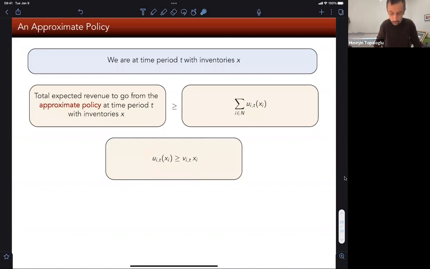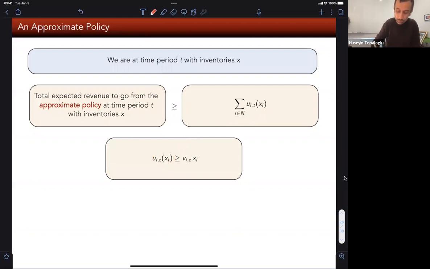One is that the total expected revenue collected by our approximate policy, starting from time period T with the inventories X, is at least as large as the valuation of those inventories according to our capacity-dependent bid prices. And the valuation according to our capacity-dependent bid prices is at least as large as the valuation according to time-dependent bid prices. Both of these you can establish by using backward induction over the time periods.